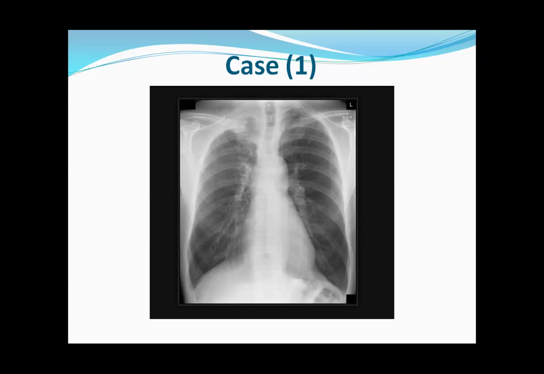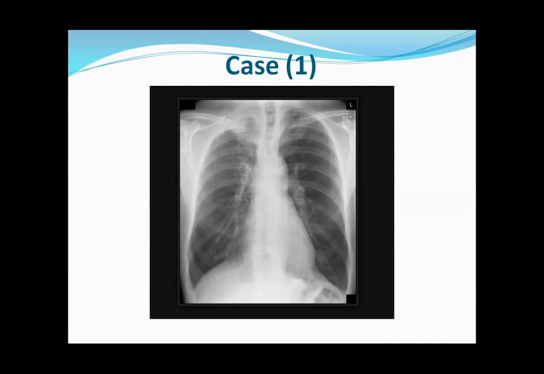Any other modality that should be done for this case? CT chest for confirmation of the diagnosis. Yes. And if it turns out to be a Pancoast tumor, the tumor tracker has to be activated.